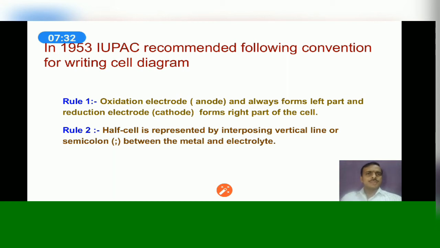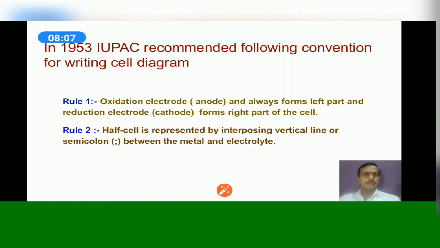In 1953, IUPAC recommended the following convention for writing the cell diagram. There are some rules, and using these rules we can write the cell diagram of any cell. Rule one: the oxidation electrode, that is the anode, always forms the left part, and the reduction electrode, that is the cathode, forms the right part of the cell.